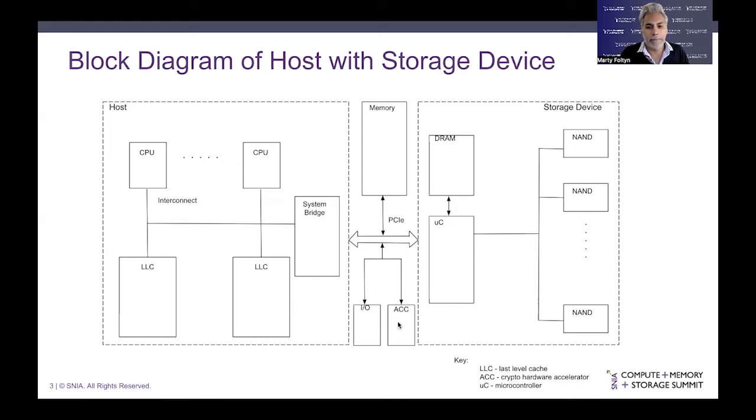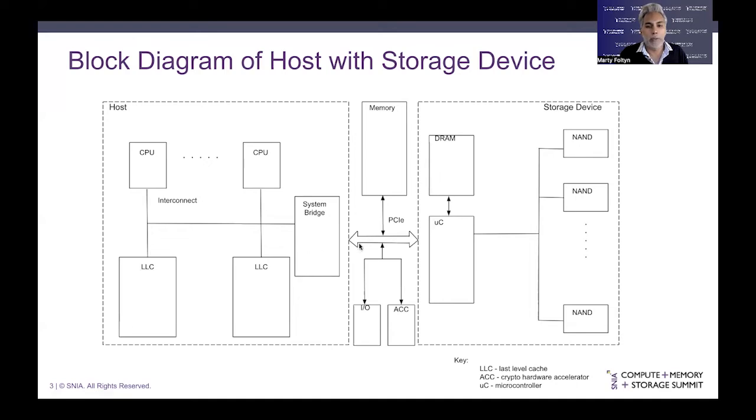That's labeled as ACC. So some of the terminology: LLC is a last level cache, UC is a microcontroller. The host system consists of a processing cluster with multiple CPUs connected using an interconnect, typically a coherent interconnect, for example, CHI, and a last level cache implemented as multiple slices, one per CPU, connected to a system bridge.